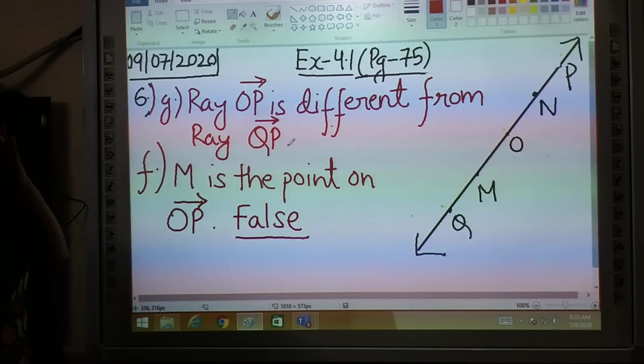So the statement is saying that ray OP is different from ray QP.